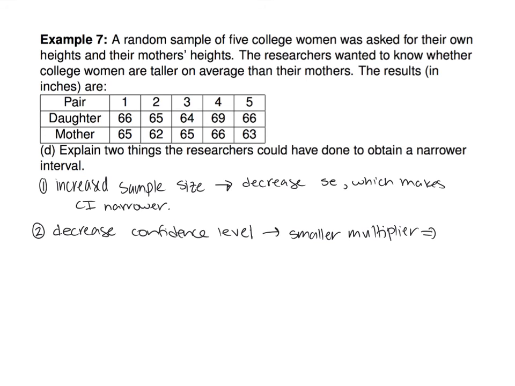And that smaller multiplier implies a narrower interval. Although in general, the better of these things to do is definitely increasing the sample size.